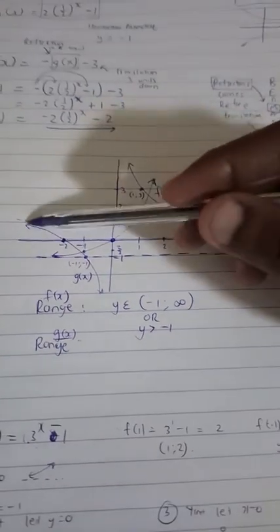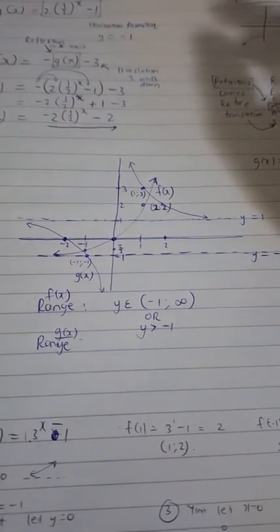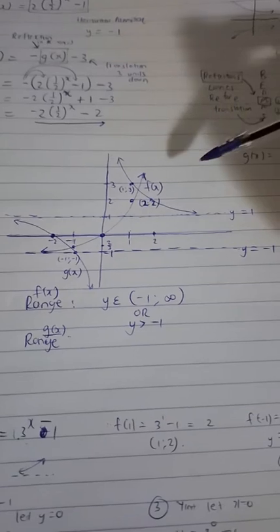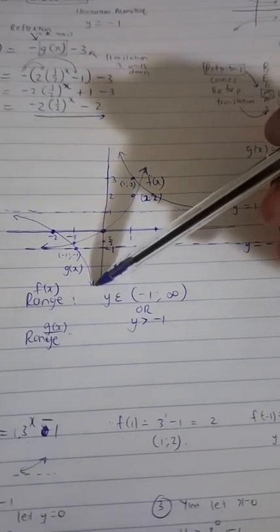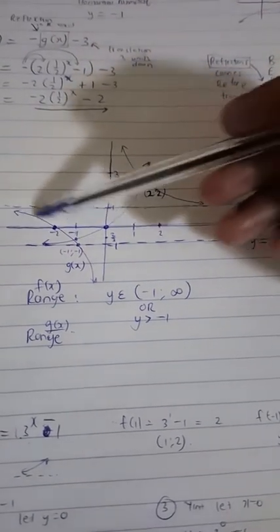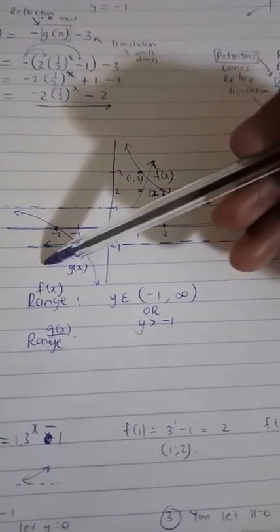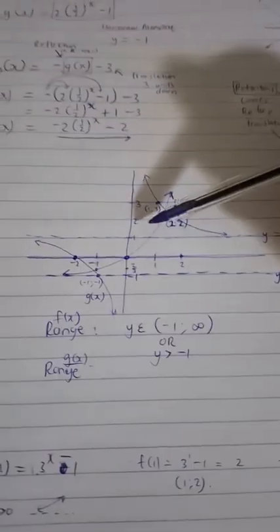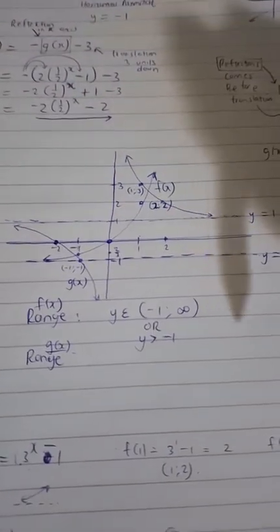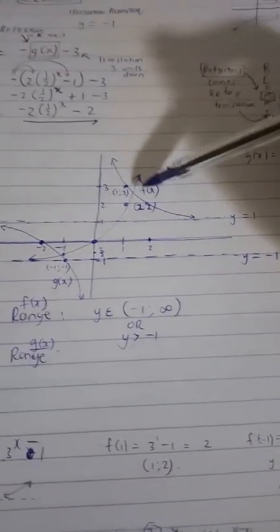Remember, it's the hyperbola. So you can see that this function g exists below the asymptote, which is y is equal to 1, but it also exists above the asymptote, which is y is equal to 1.